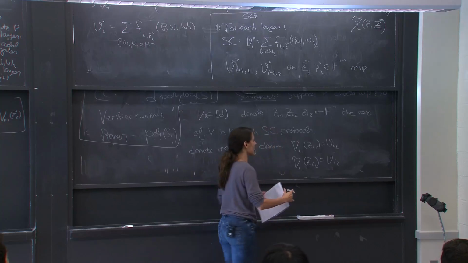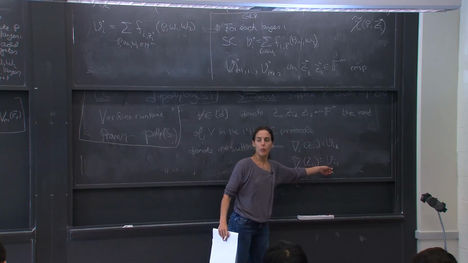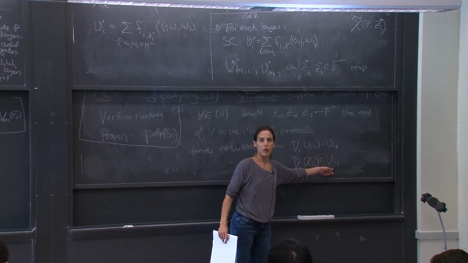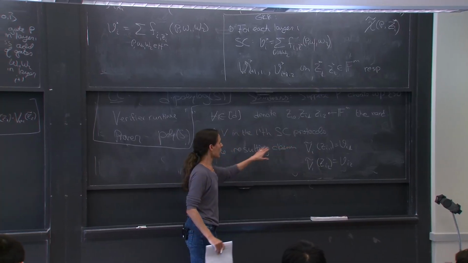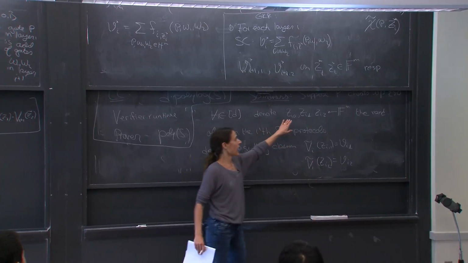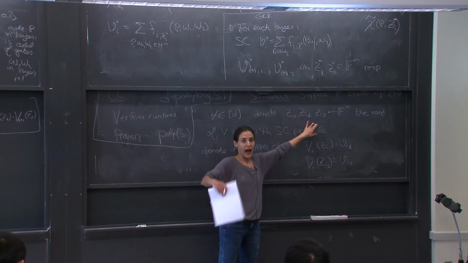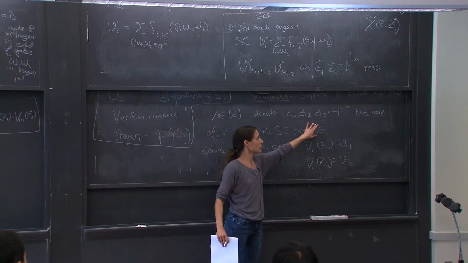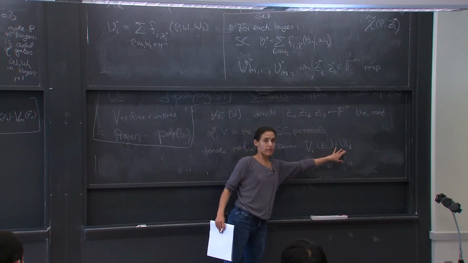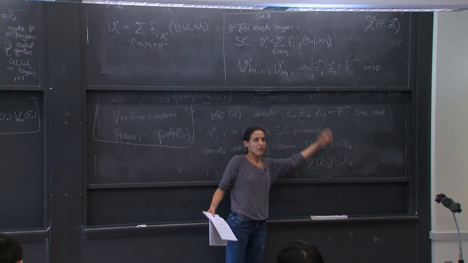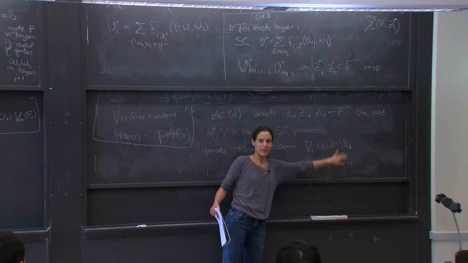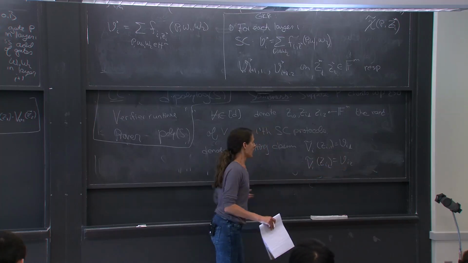So this is the claim that the verifier sends me after the sum check protocol. In the ith pair of sum check protocols I gave him a bunch of Z_i^0, Z_i^1, Z_i^2, and then for the next layer, he gives me the values.